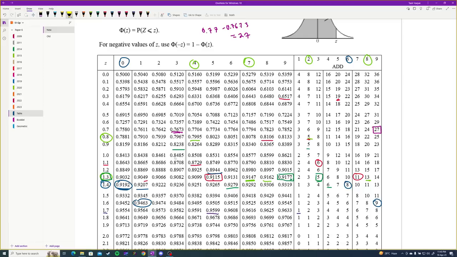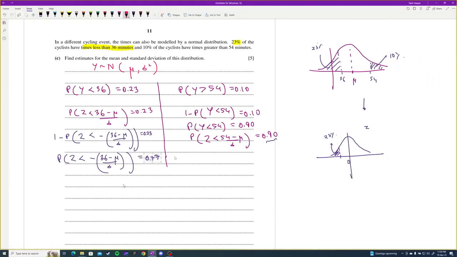So what will the actual value be after we confirm the inverse? It's 0.739. That's the value. Okay, so this is going to be (36 minus mu) by sigma is equal to minus 0.739.